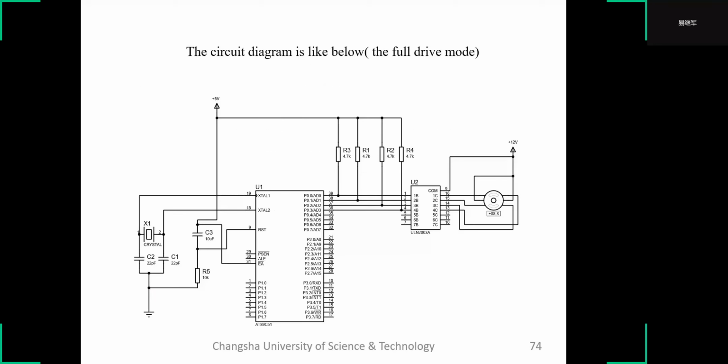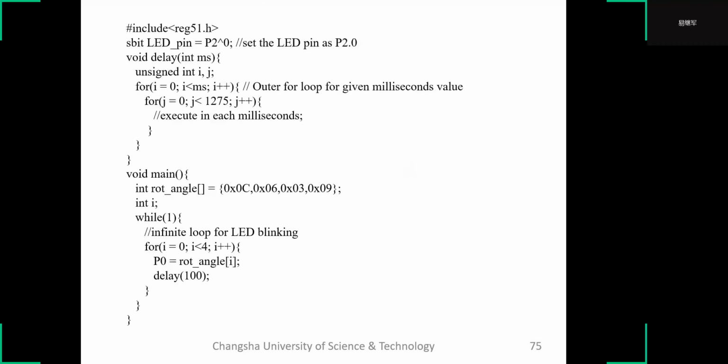This is an example to drive the step motor with the IC. You can add your own code here, with a different drive mode.